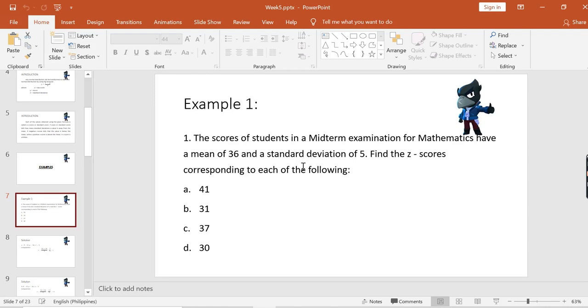Find the Z scores that correspond to each of the following. For A, find the Z score that represents 41. For B, 31. C, 37. And D, 30.